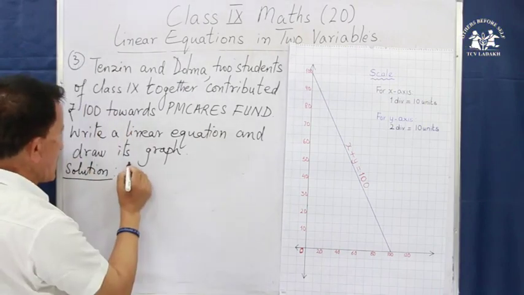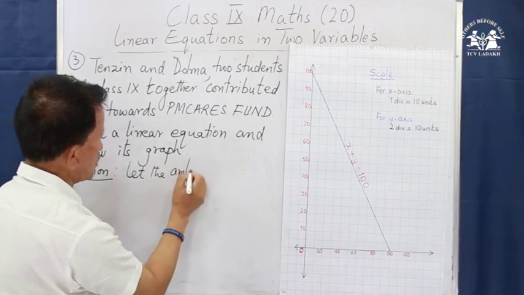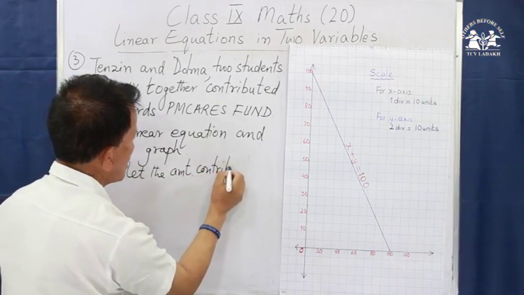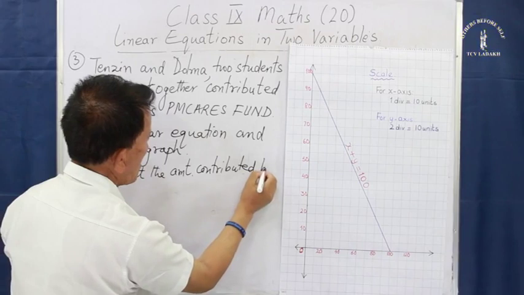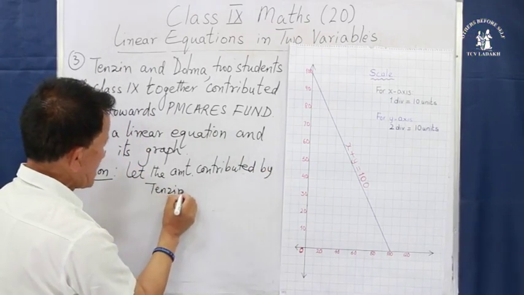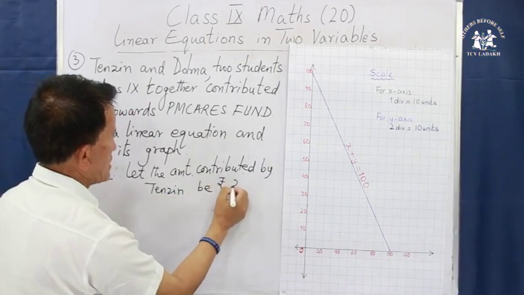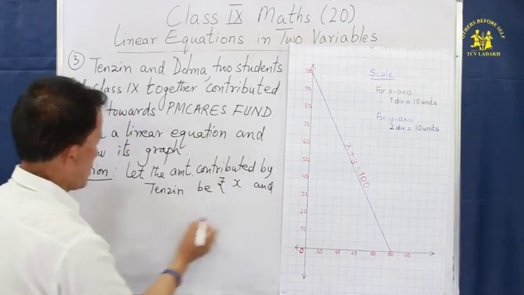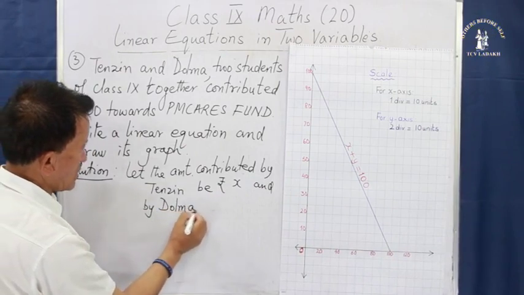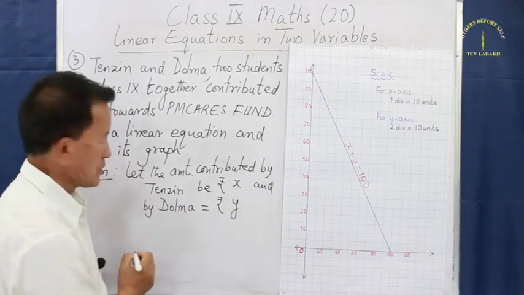So let the amount contributed by Tenzin be rupees x and by Dolma, let's say, equal to rupees y.